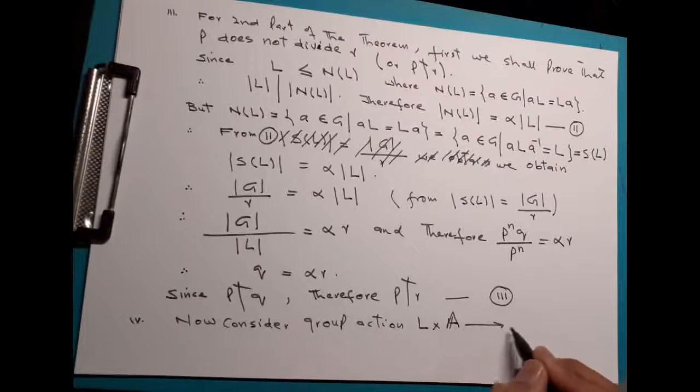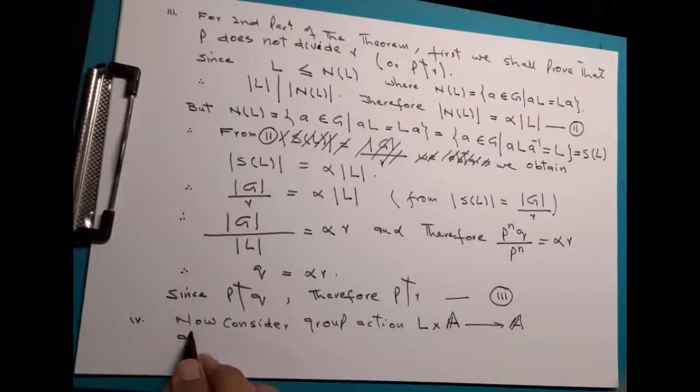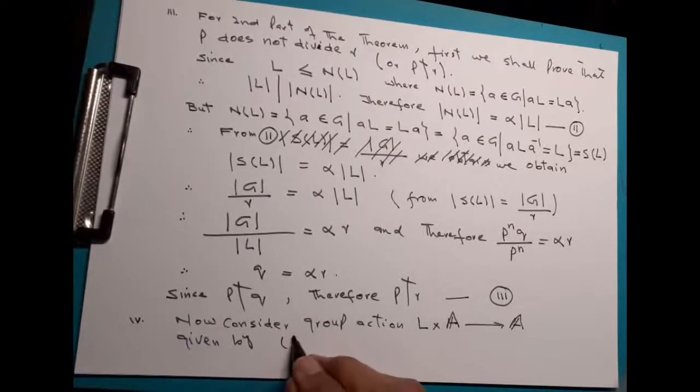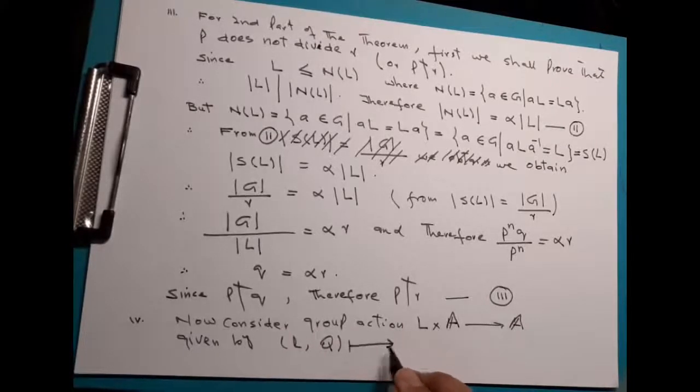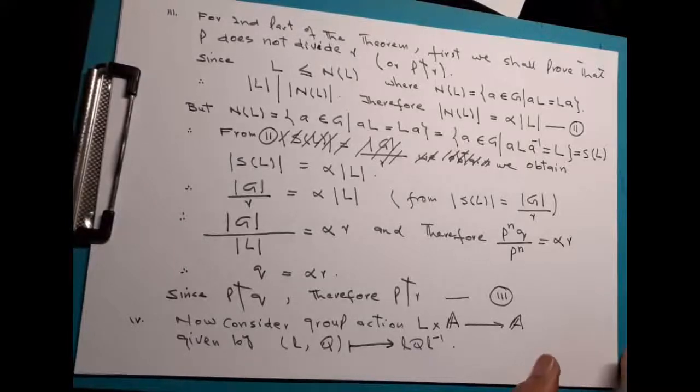So this group action is given by: if we are given an element of L and an element of A, let's write it as Q, then this action will take this element to LQL inverse. So this is the group action we have defined.